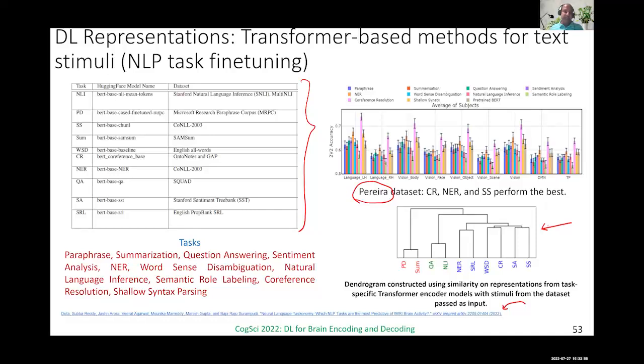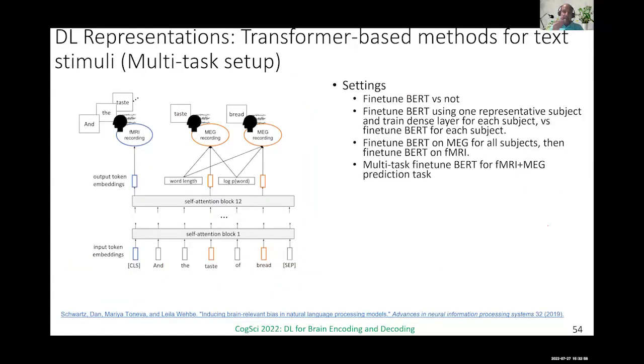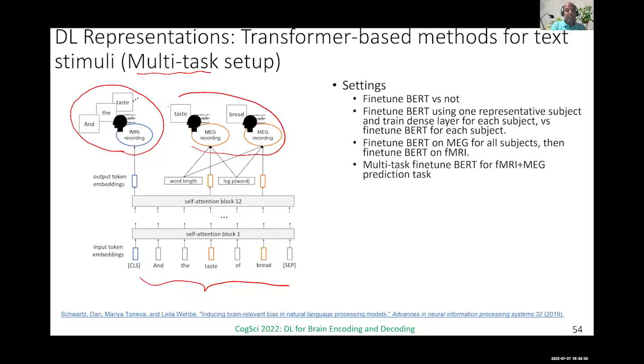So that's majorly about text-based deep learning representations for text stimuli. However, there are other kinds of setups as well. For example, this is an interesting multitask setup where the sentence is provided as input to a transformer, but then you also have the fMRI response being predicted, and also the MEG response being predicted.